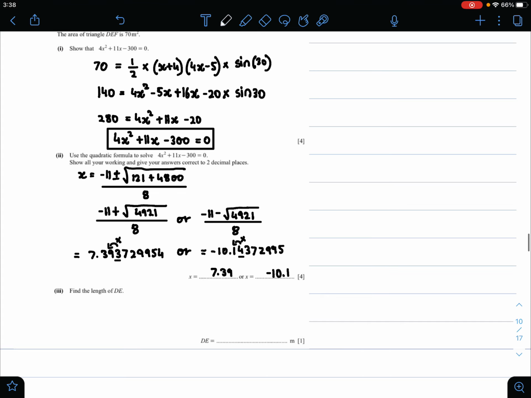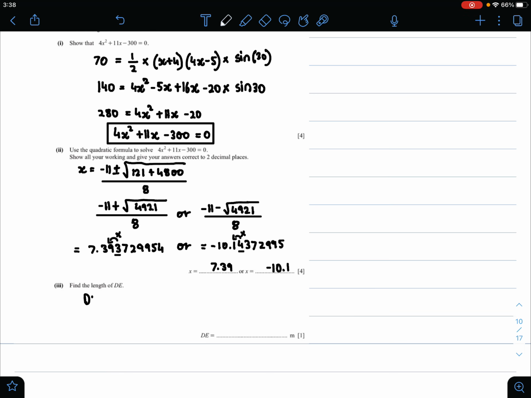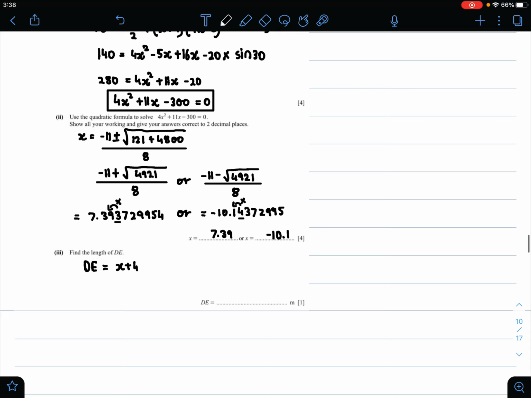Now they are asking you to find the length DE, and DE is equal to x plus 4. The length of any side cannot be negative, therefore we need to use the positive value of x.